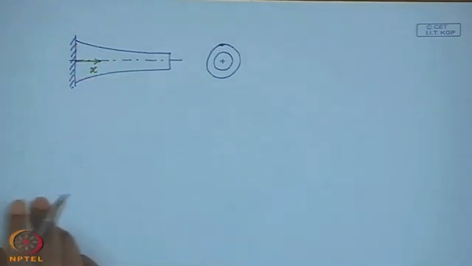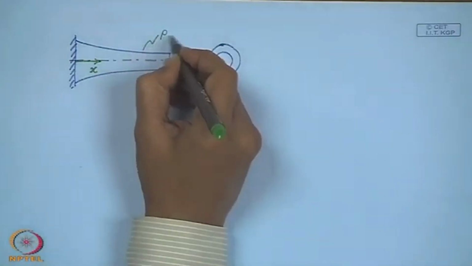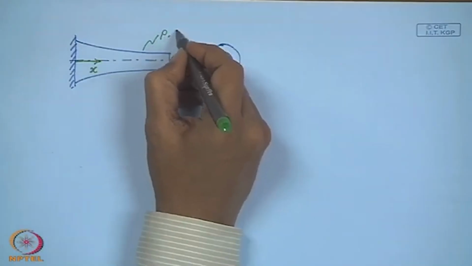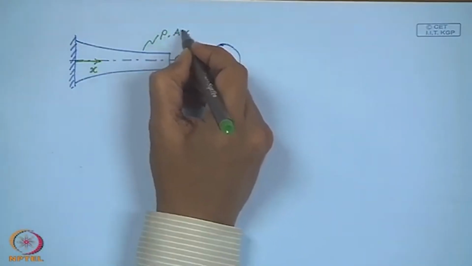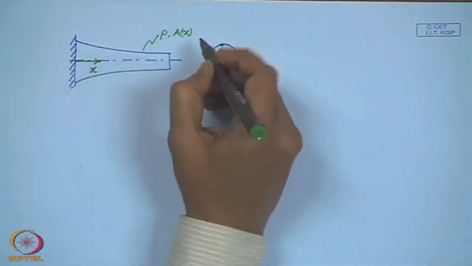Here I have a circular bar made of a material of density, say rho, with an area of cross section which may be a function of the spatial coordinate x.